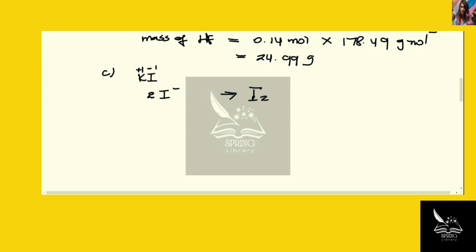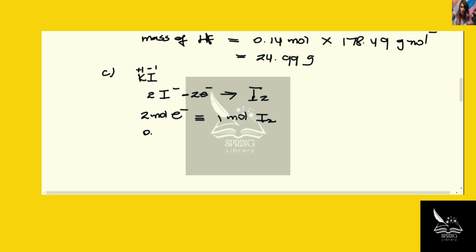So to determine the number of electrons, 2 electrons need to be lost to give iodine. So loss of 2 moles of electrons would produce 1 mole of iodine.